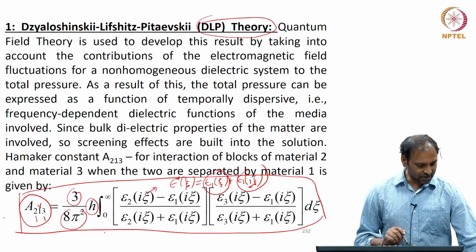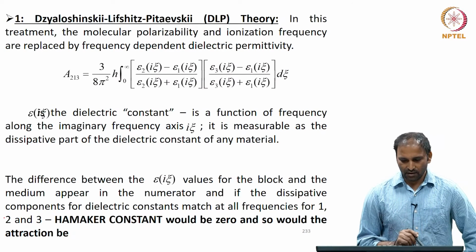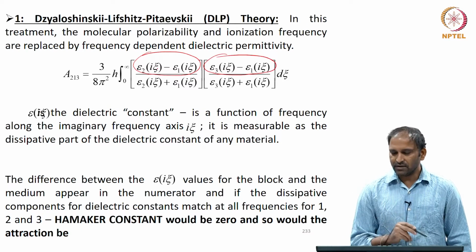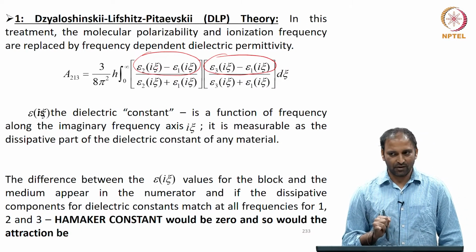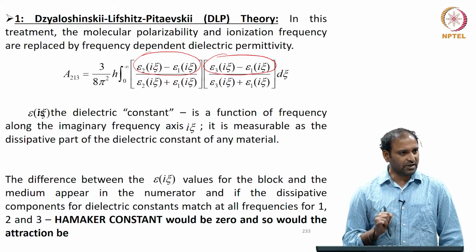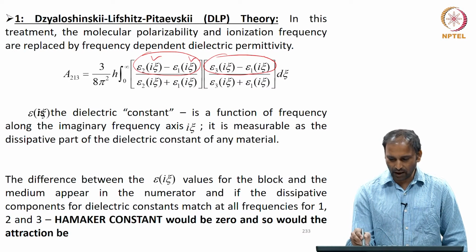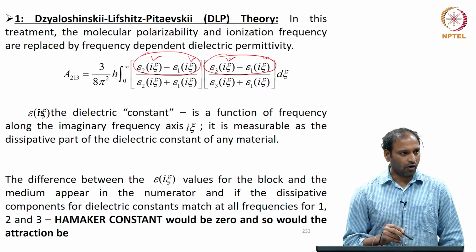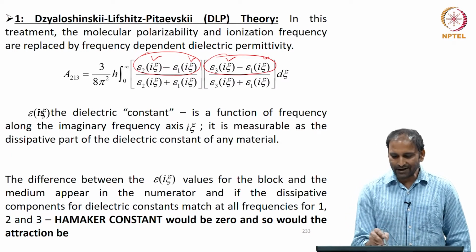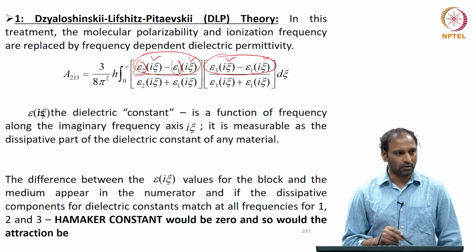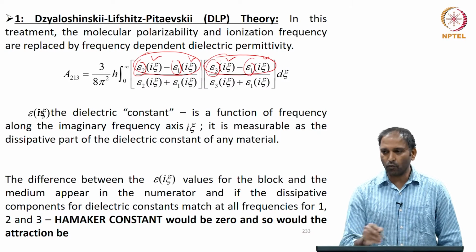Now, the other nice thing this tells you is, look at these numbers. What you have is the difference in the dissipative component, the one with i, of the dielectric response between the particle 2, epsilon for the particle 2 and that for 1, and similarly that for 3 and that for 1.